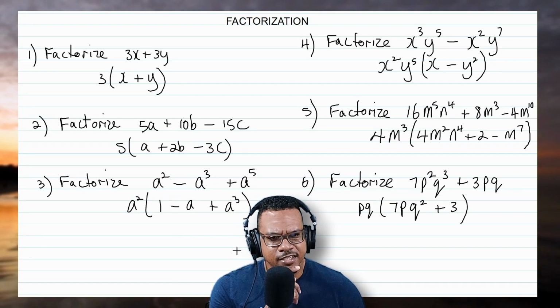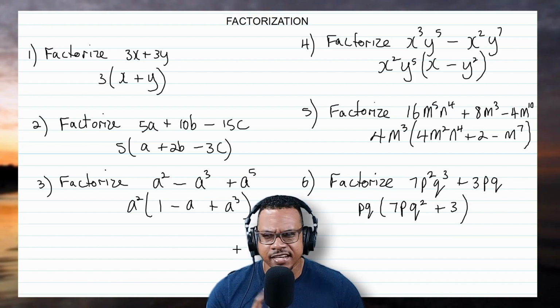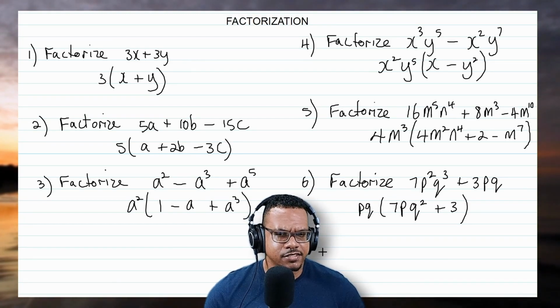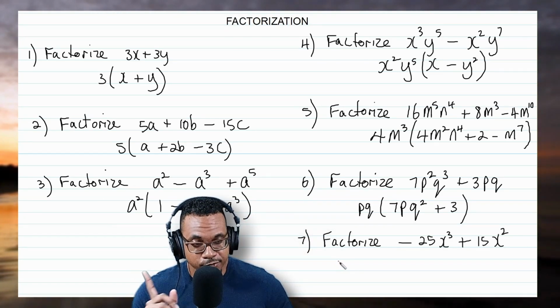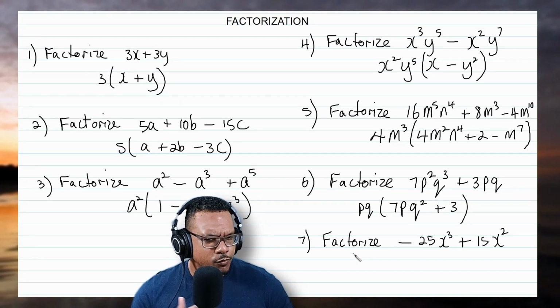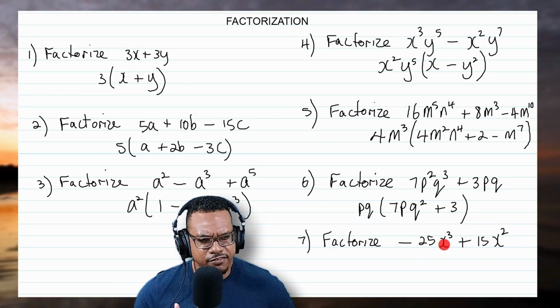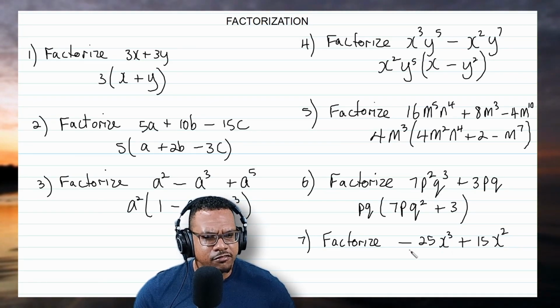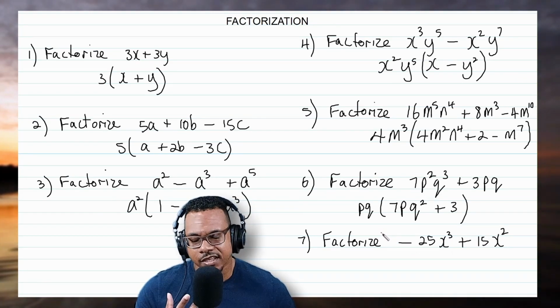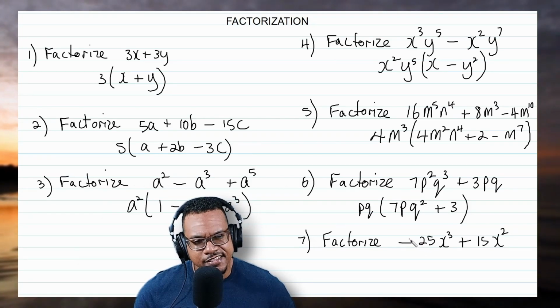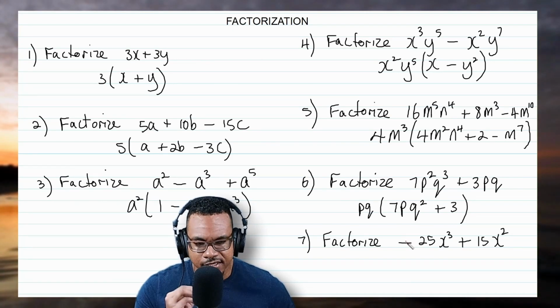Now, I said this would be the last one, but let me do one more with a negative sign on the first term. So let's look at this last one for this type. We have to factorize negative 25x to the power 3 plus 15x squared. Whatever sign is in front of the first term that you have, your HCF is going to take that sign.